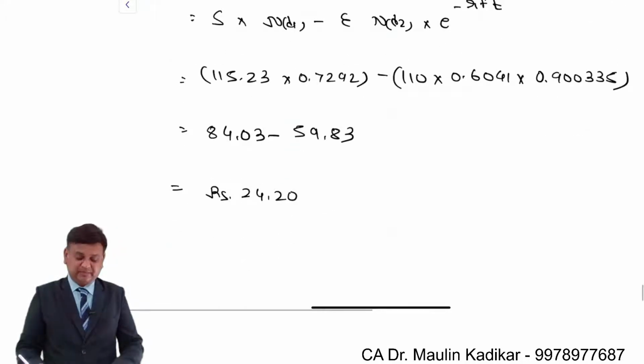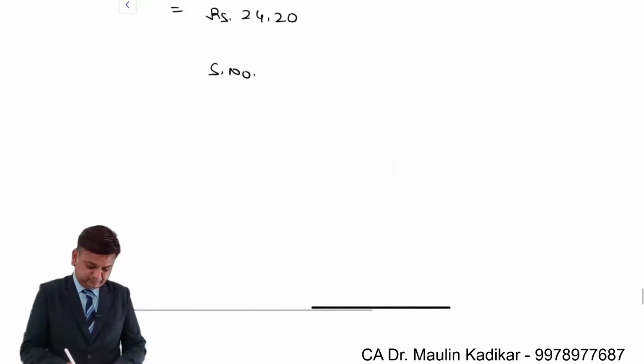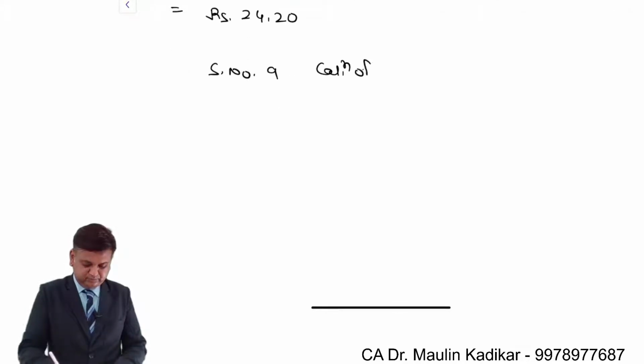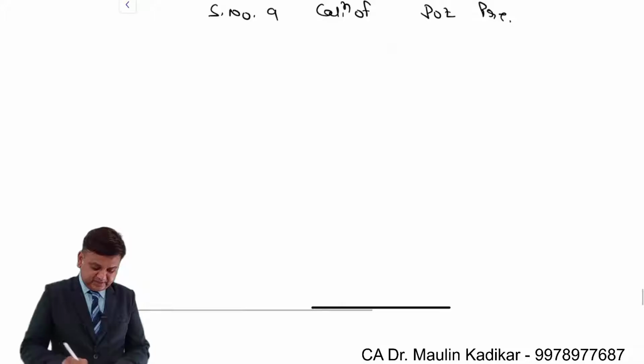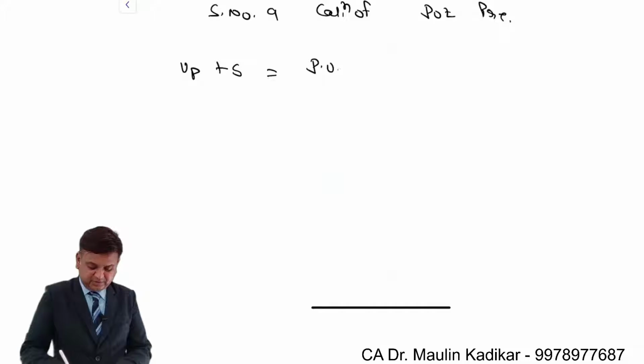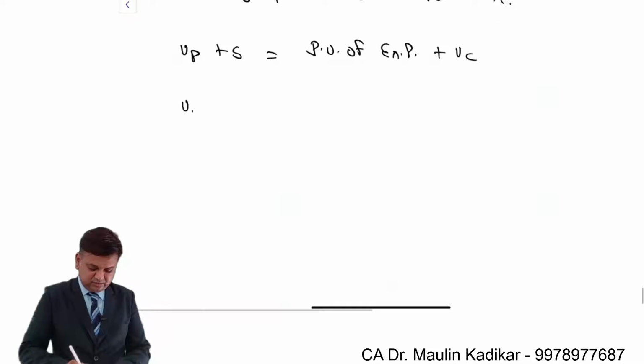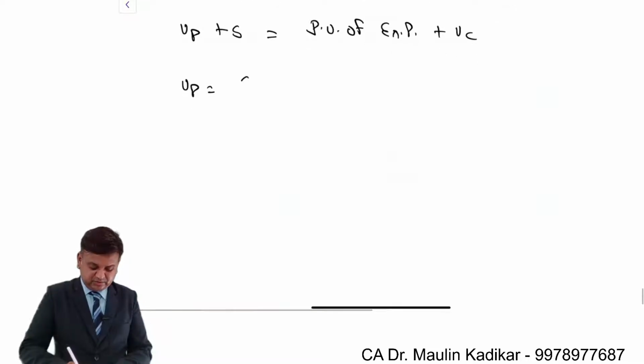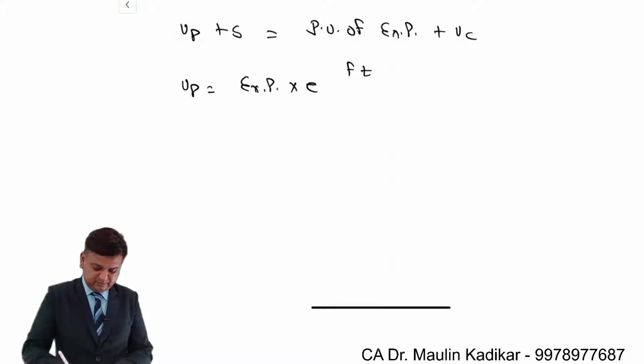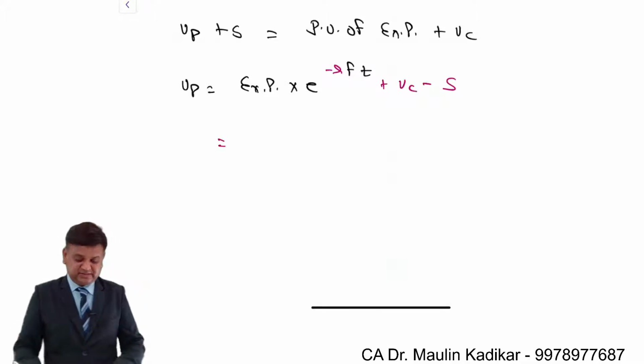The next is a put premium. Put premium will be found like this. Value of put plus spot price is equal to present value of exercise price plus value of call. Value of put is equal to exercise price into E raised to negative RF plus value of call minus spot price.